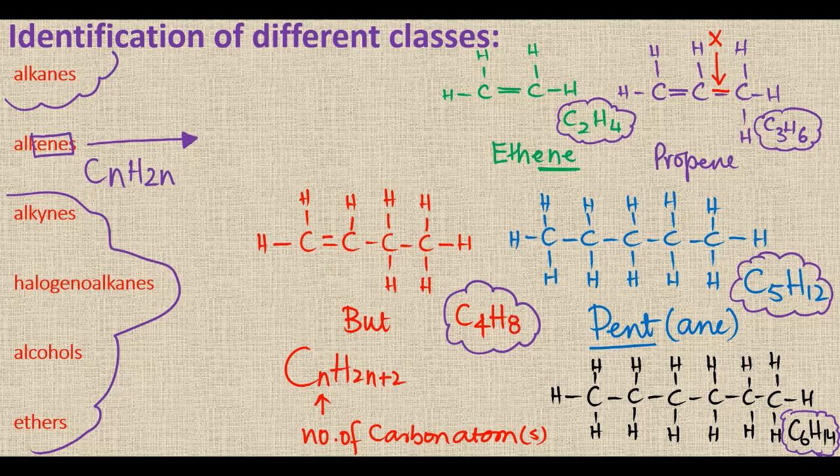There is a double covalent bond between carbon atom number 1 and 2. The numbering of the carbon should start from that end of the compound which is close to the functional group. It means that if numbering started from the right side in this compound, that would be incorrect.